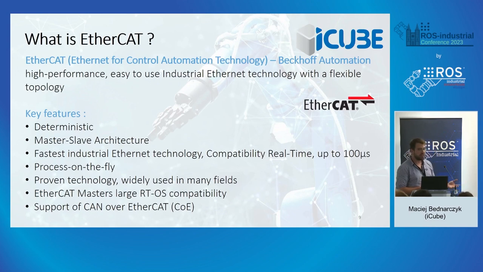The main key feature that made us use EtherCAT is the fact that it is deterministic, in contrast to other Fieldbuses, and it allows you to guarantee the data transfer between the different units in a particular time. It is a system based on the master-slave architecture.